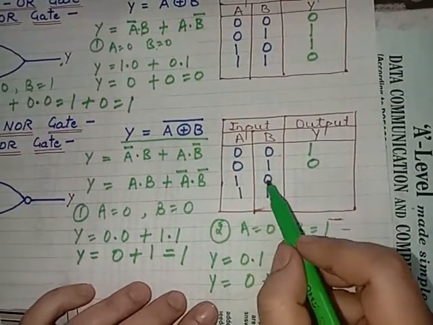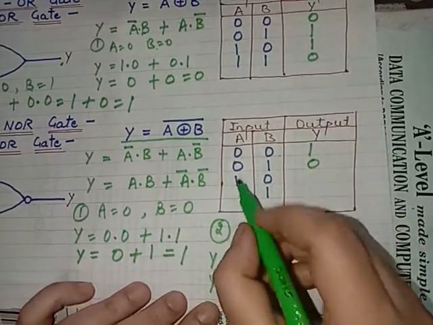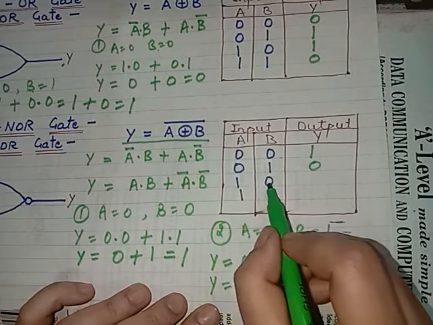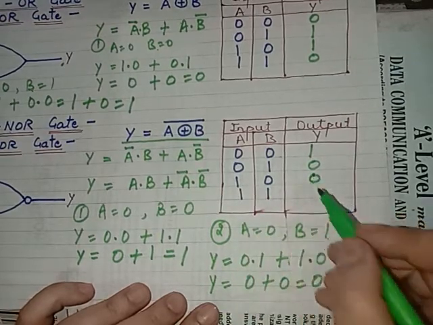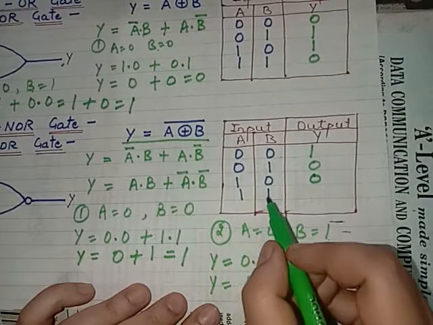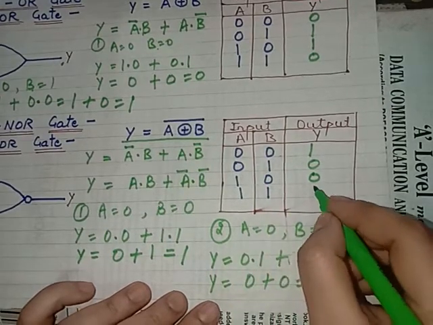The other two cases can also be taken like this. When the first input A is 1 and B is 0, then the output will be 0 definitely. And if A is equal to 1 and B is equal to 1, both inputs are high, then the output will be 1 again.